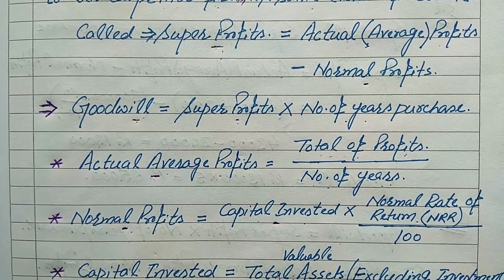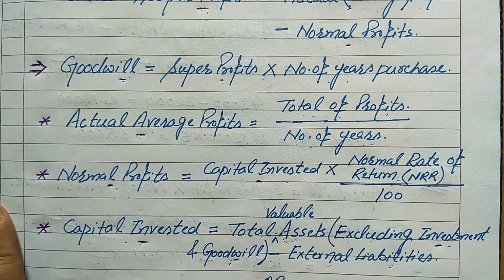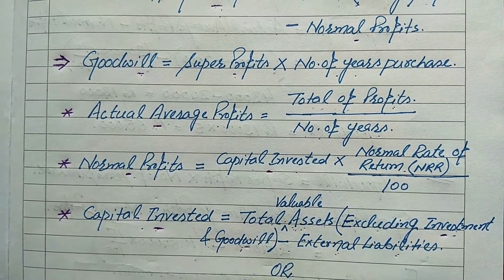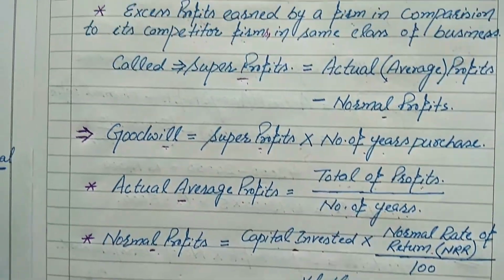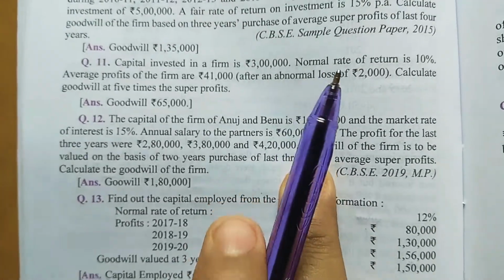Now we will calculate the goodwill in some questions by using the super profit method. First of all, question number 11 given in the book.